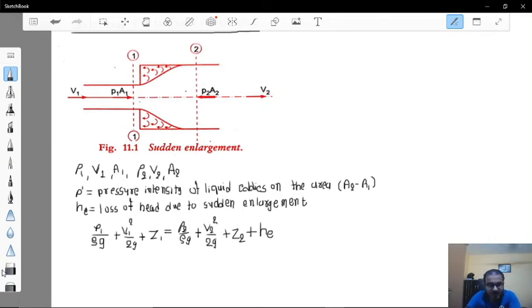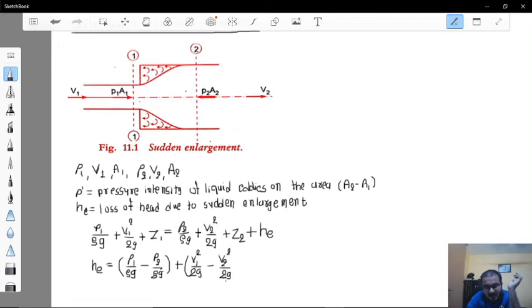So here the value of he can be written as P1 upon rho g minus P2 upon rho g plus V1 square upon 2g minus V2 square upon 2g.